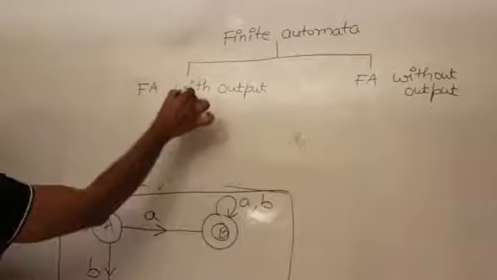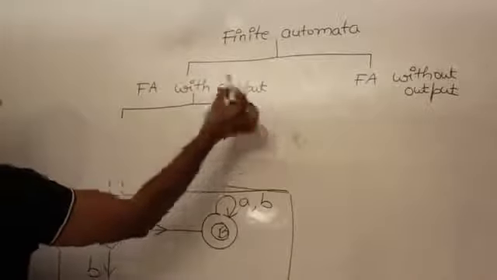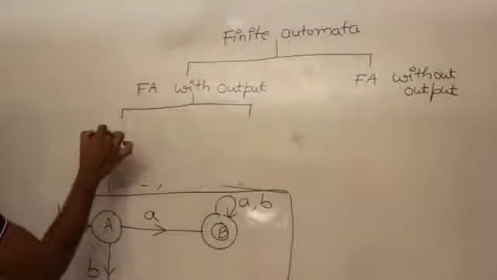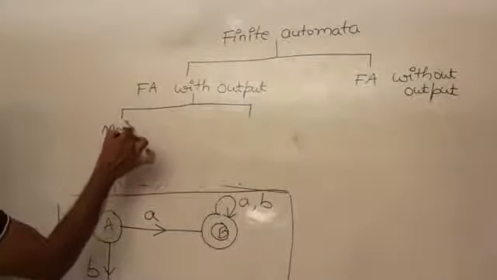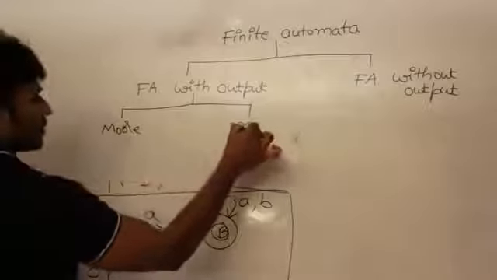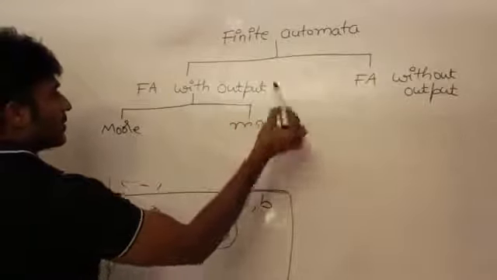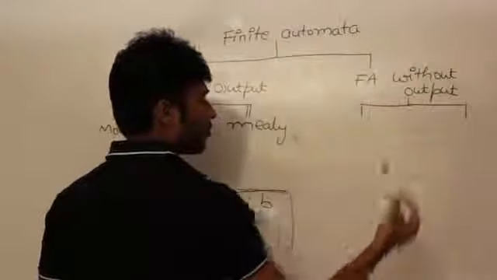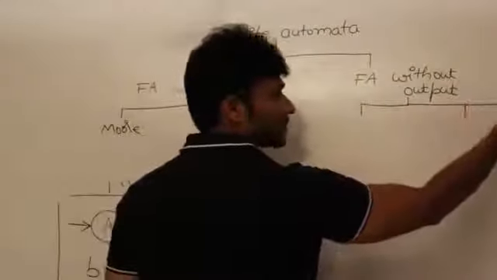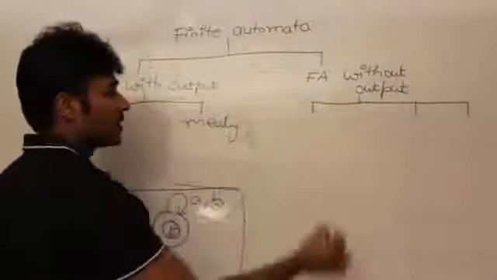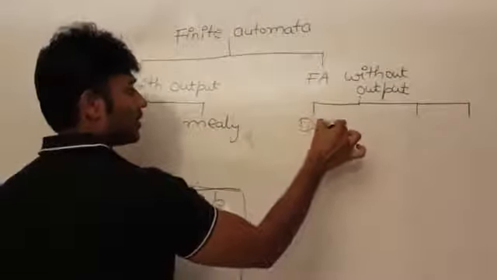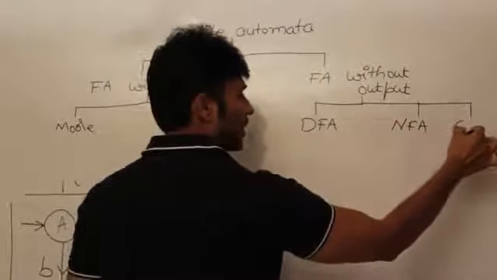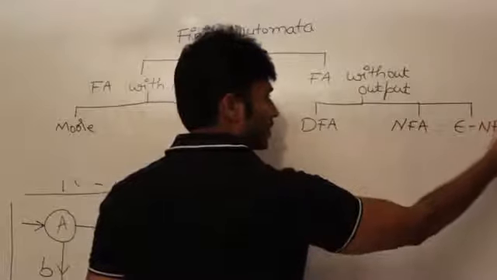Finite automata with output is again of two types: one is Moore machine, the other is Mealy machine. Finite automata without output is of three types: one is DFA, the other is NFA, and the other is epsilon NFA.